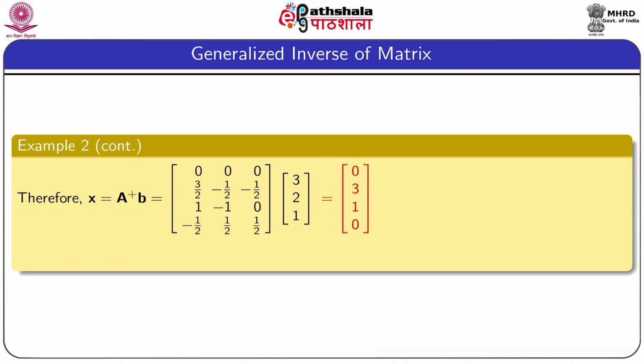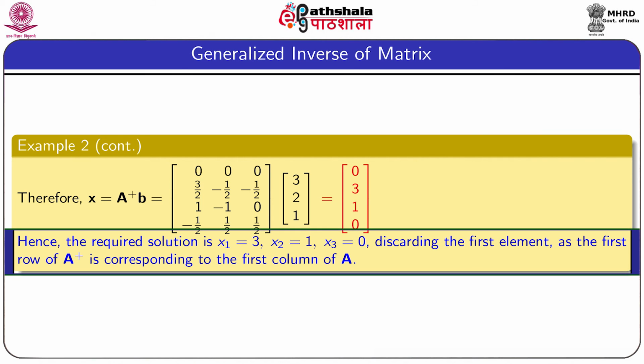And hence the solution of the given system of equations can be obtained by this formula x equal to A plus b, where the first matrix is the Moore-Penrose inverse of the matrix A and the second column matrix is the matrix b. After simplification, this column vector reduces to 0, 3, 1, 0.